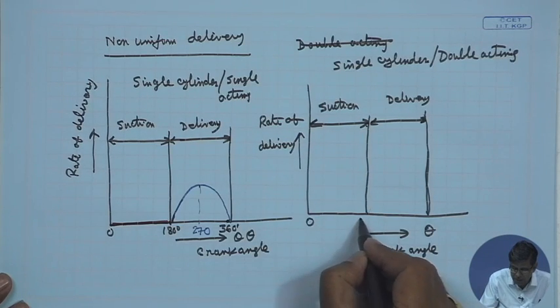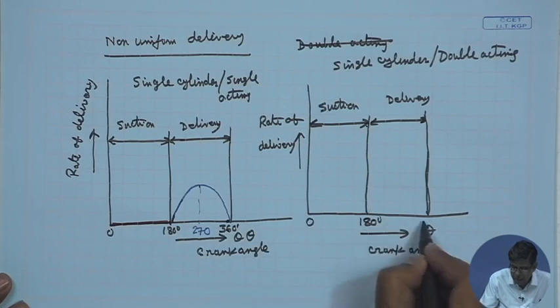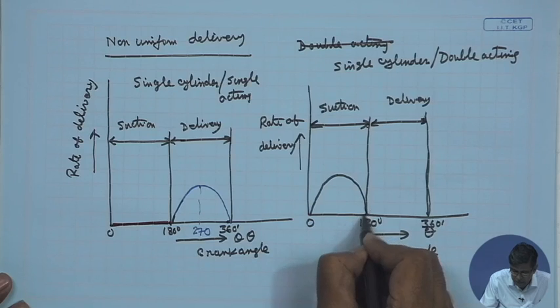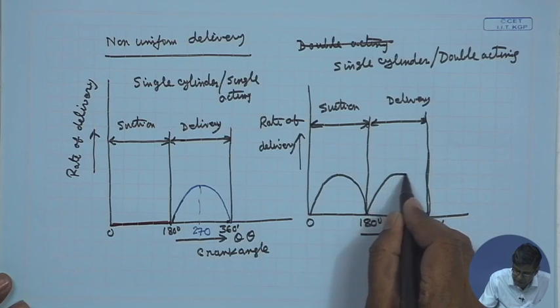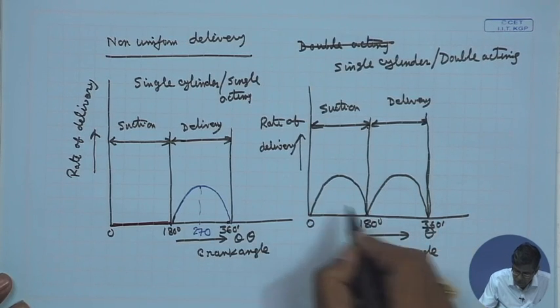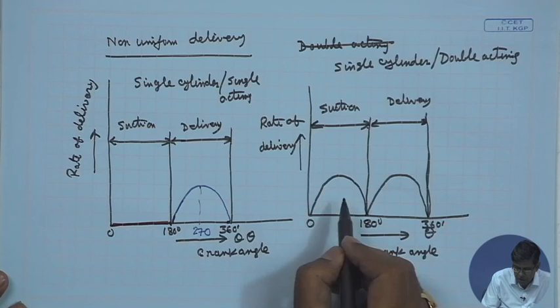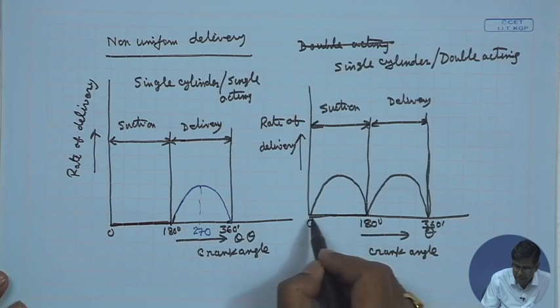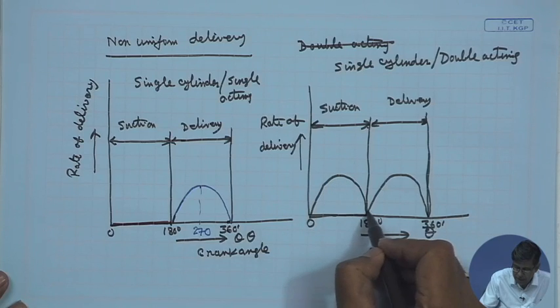That means, if I divide the crank angle like this into 0, 180 and 360, then we will have a sine curve in both sectors. That means we have a flow rate, flow velocity or rate of delivery, as a sine curve with a 180 degree phase lag. That means two sine curves with a 180 degree phase lag.